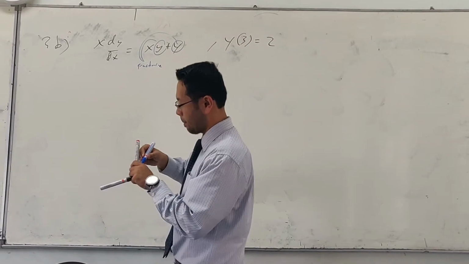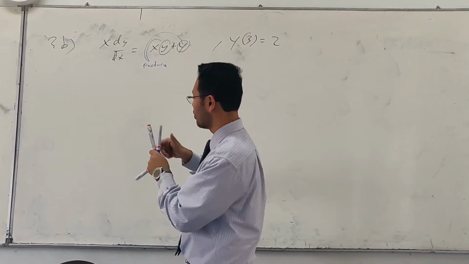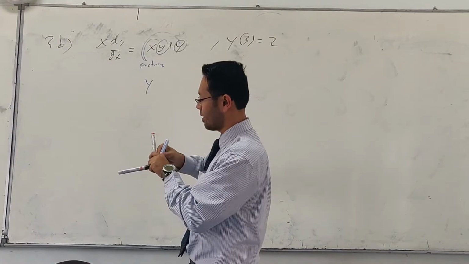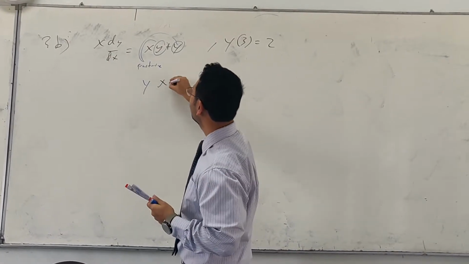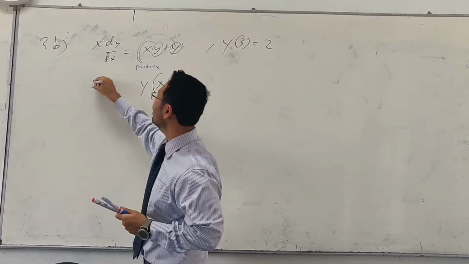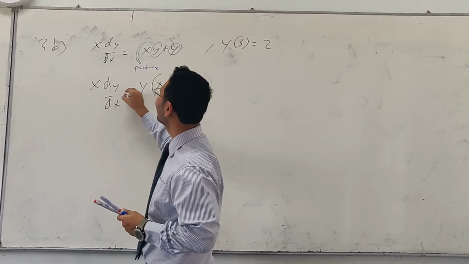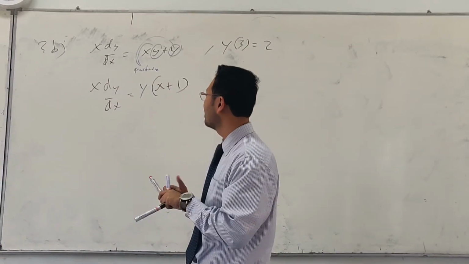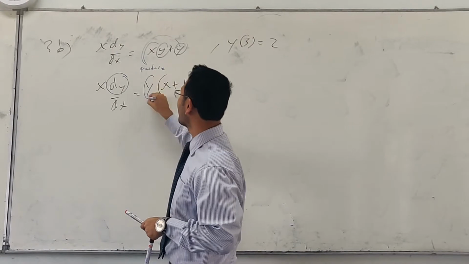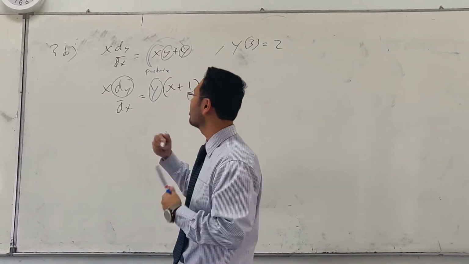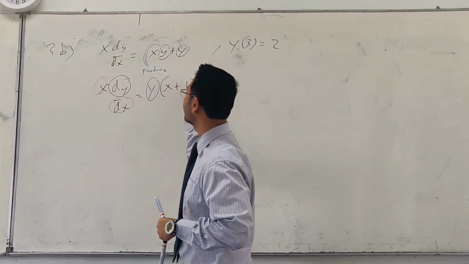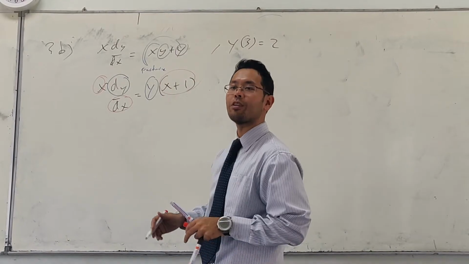Give you y, x plus 1. Here you see, hey, dy over y, that looks awesome. And x dx over x plus 1, everything is multiplied, so you can move it.